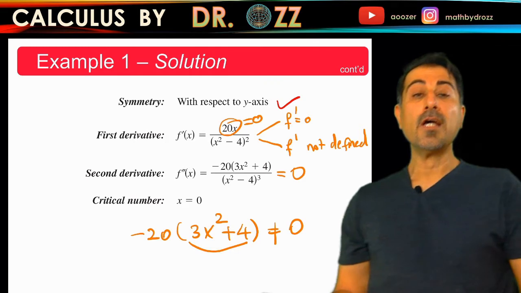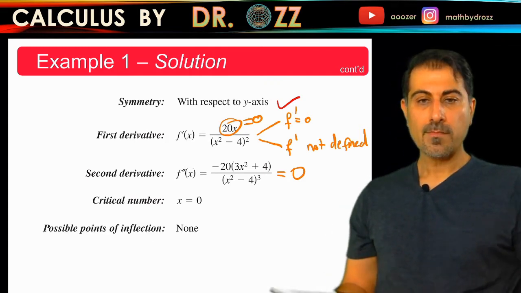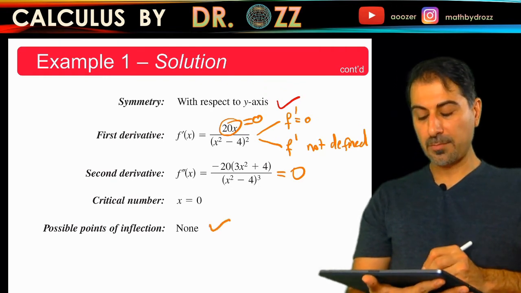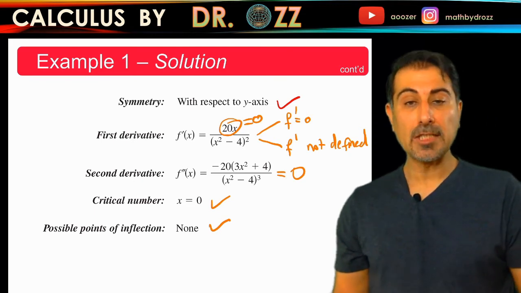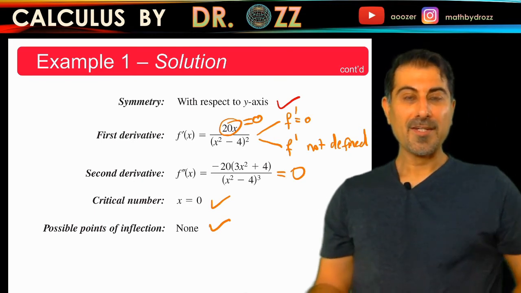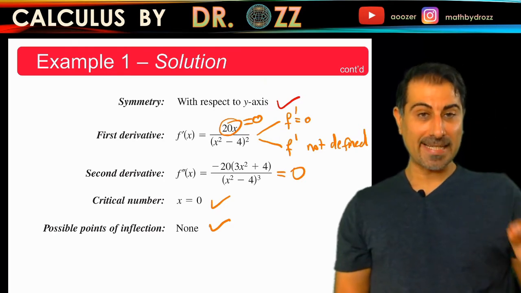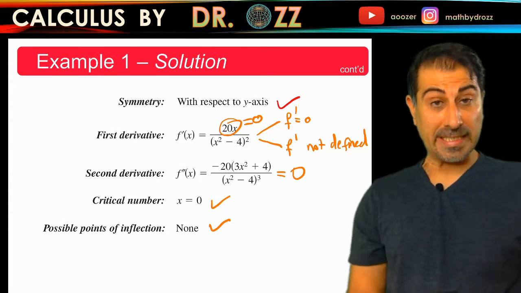For that reason, there is no inflection point. And here we go, we do not have any kind of inflection point, and the only critical number is x equals 0.